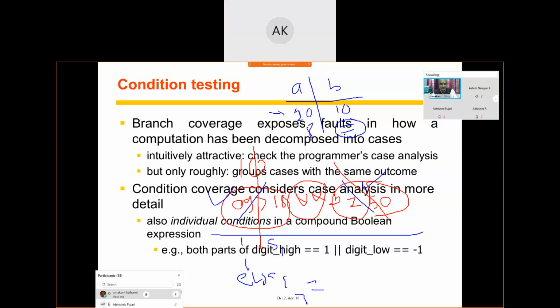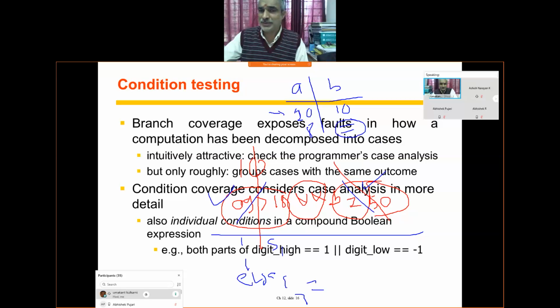So for every condition you have to ensure what happens in failure and what happens in success. This is condition C1, this is condition C2. C1 is success because I'm taking 20, and C2 is failure. So one combination is A 20 success, B 10 failure.